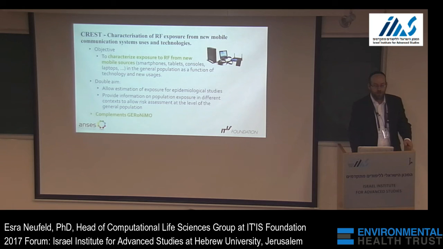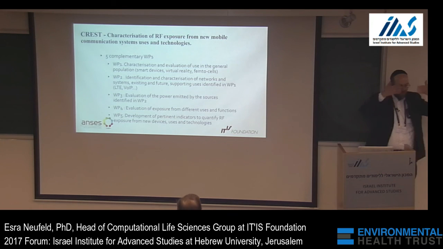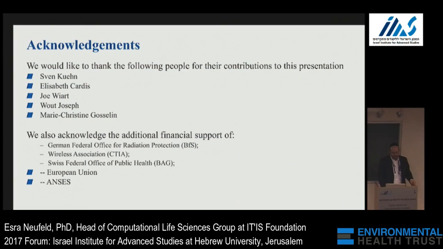CREST is particularly looking at a new generation of devices, so they are looking at things like femtocells or fifth generation tablets, new sources, and it's a bit complementary to Geronimo, the one that I showed just before.